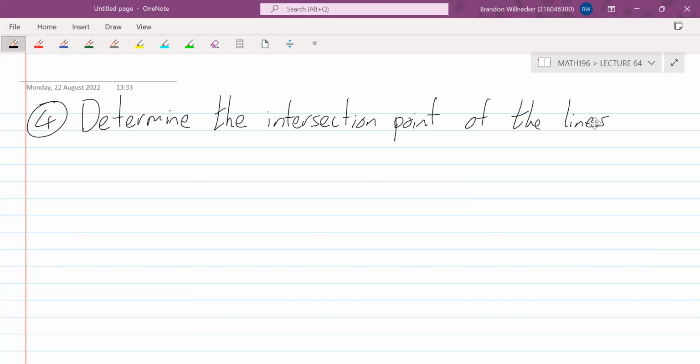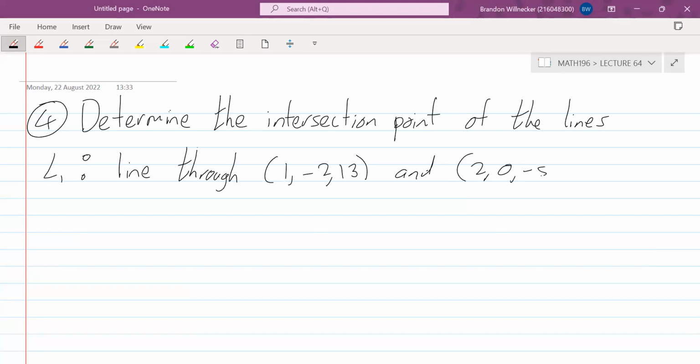We're given 2 lines, so L1 is given by the line through 2 points, (1, -2, 13) and (2, 0, -5).